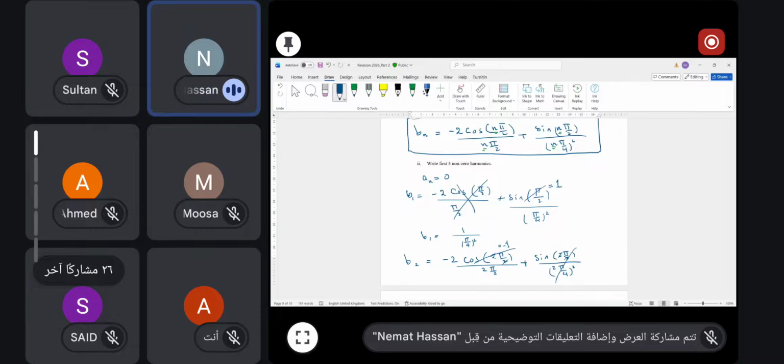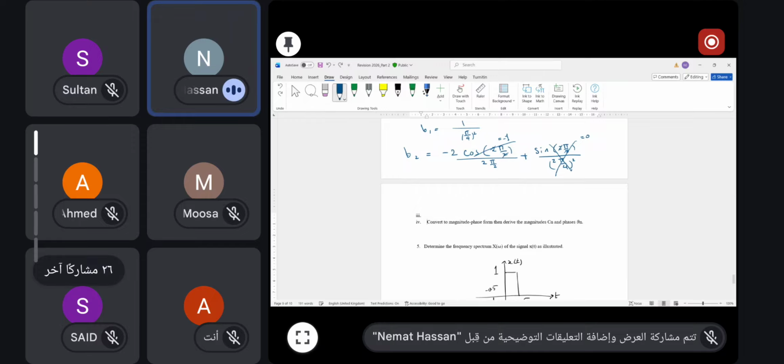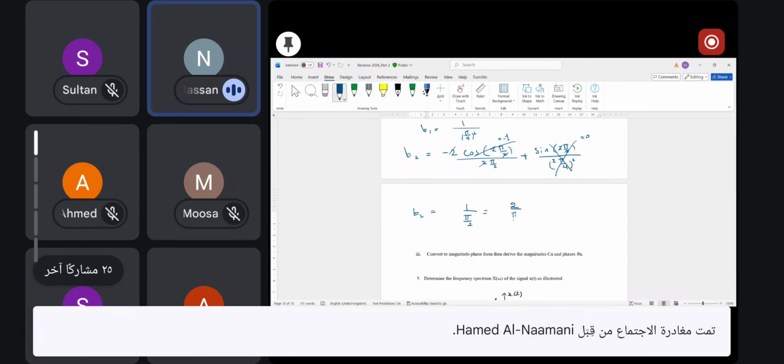And sine pi is equal to 0. -1 times -2 is 2. So it becomes B2 is equal to 1 over pi over 2, or 2 over pi. So this is B2.